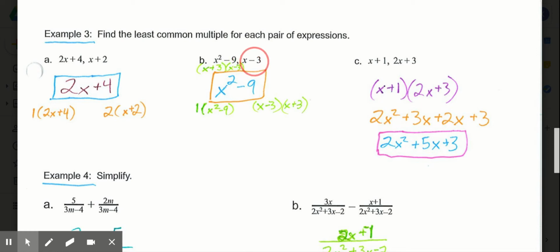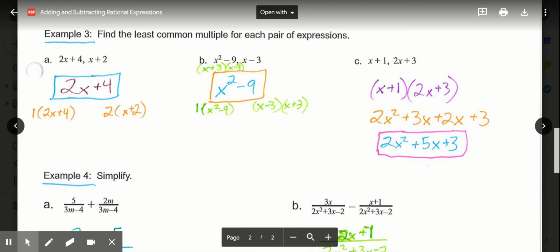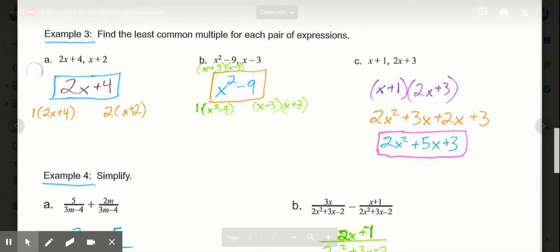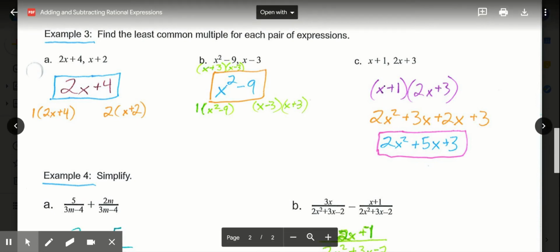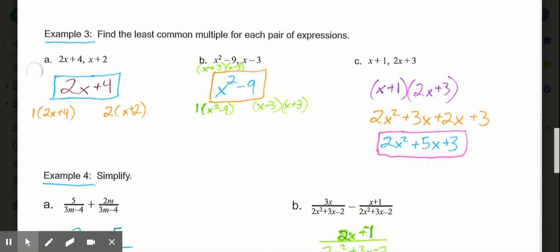Well, our other expression is x minus 3. So if I multiply that by x plus 3, I get x squared minus 9. So x squared minus 9 is my least common multiple, because on the left, multiply by 1, and on the right, the x minus 3, we'd multiply by x plus 3.